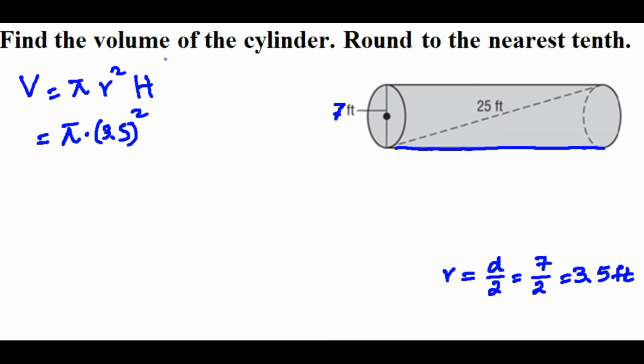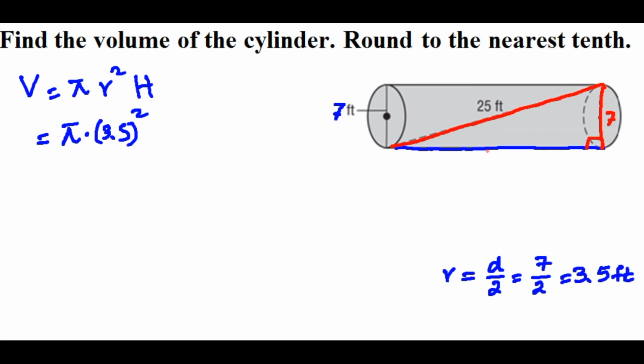Okay, but we can use some trick here. If you can see that the diameter for this is 7, so this length will also be 7. And this length, which is the diagonal, is 25. Can you see it forms a right angle triangle?